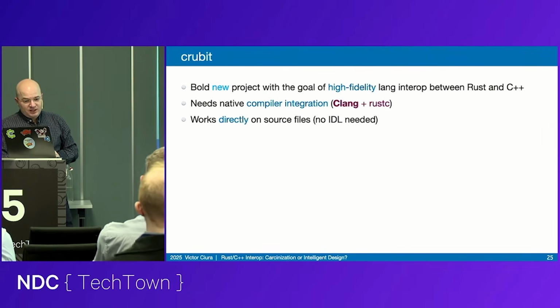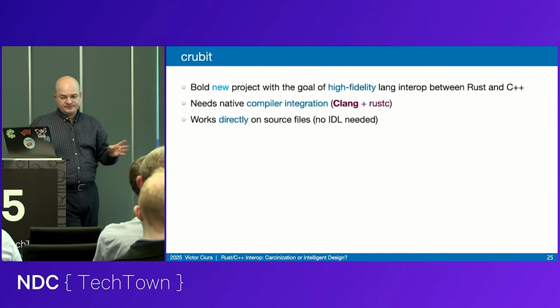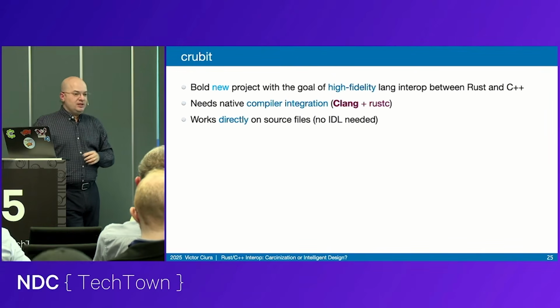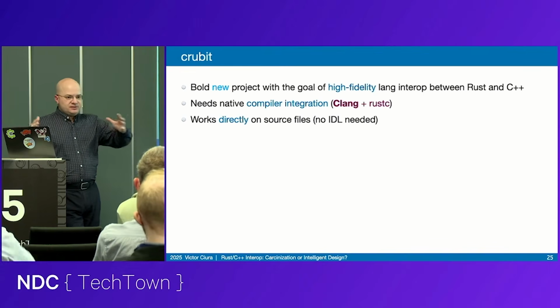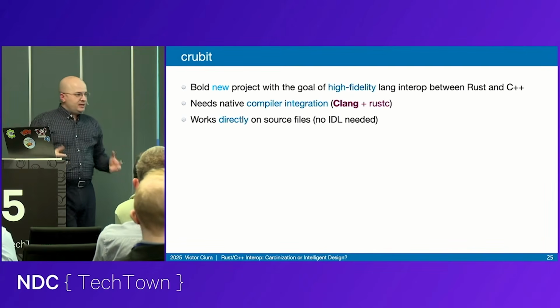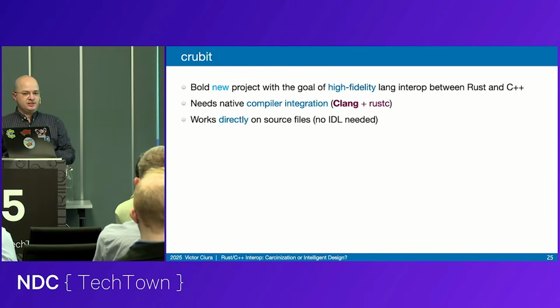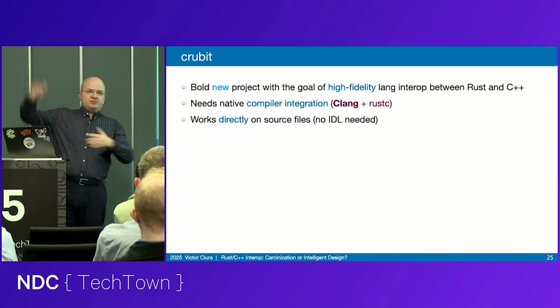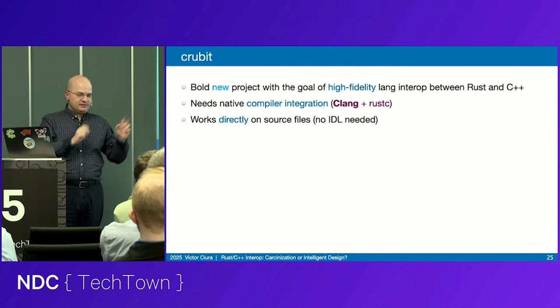So it works directly on source files. There's no IDL involved here. And the objective is that, oh, I have this big C++ thing. Let's say I have 1,000 functions in the API, and I want to blindly map everything to Rust. I don't want to maintain duplicated API definitions for my 1,000-function microservice. Remember the micro in there, right?